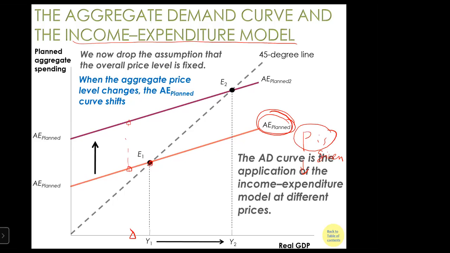Now, with this new aggregate expenditure curve crossing the 45-degree line, what are we going to see? We are going to see a higher GDP. Okay, so we move from E1 to E2. We observe Y1 increase to Y2. But what is behind the move is P decrease.